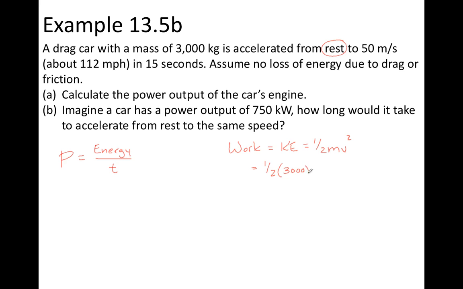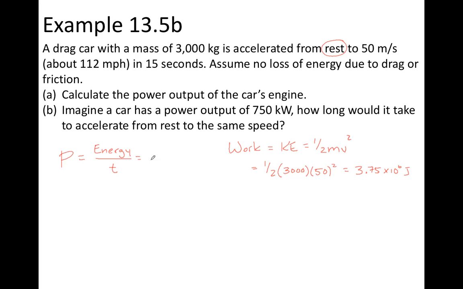Inserting the values for the mass and for the speed. Don't forget to square that speed. We end up having 3.75 million joules. 10 to the 6th is a million.